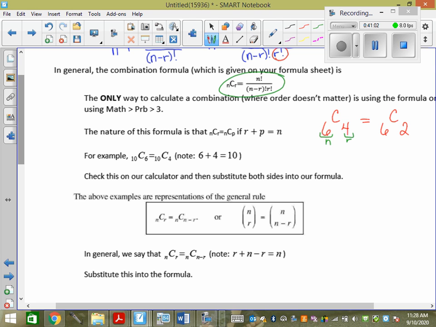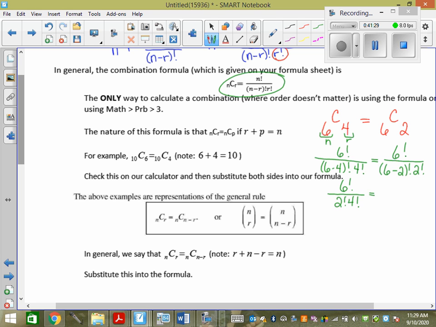Now if I fill this into the formula, I'm going to go 6 factorial over 6 minus 4 factorial, 4 factorial. And if I fill this into the formula, I'm going to get 6 factorial over 6 minus 2 factorial, 2 factorial. If I reduce this one, it's 6 factorial over 2 factorial, 4 factorial.